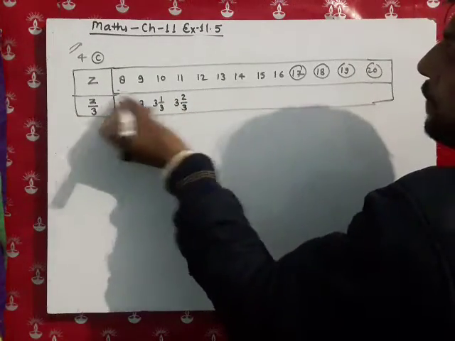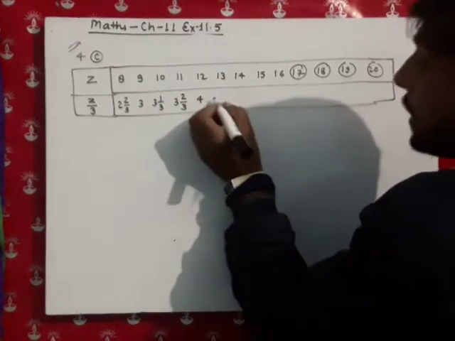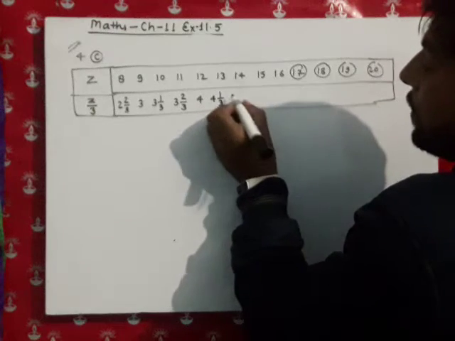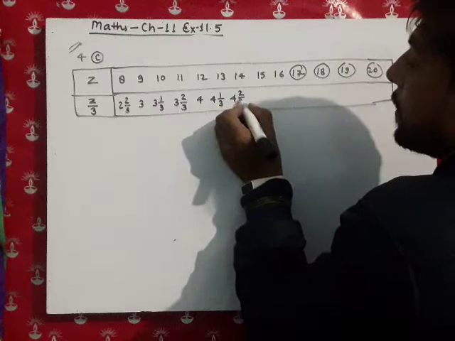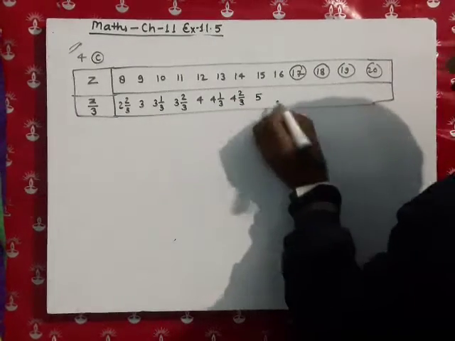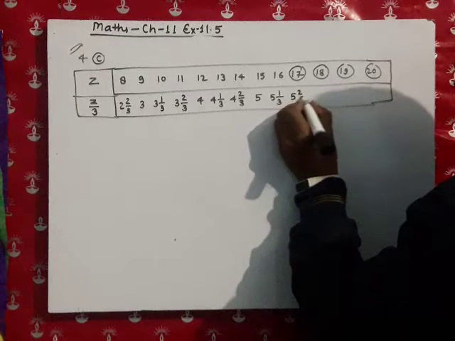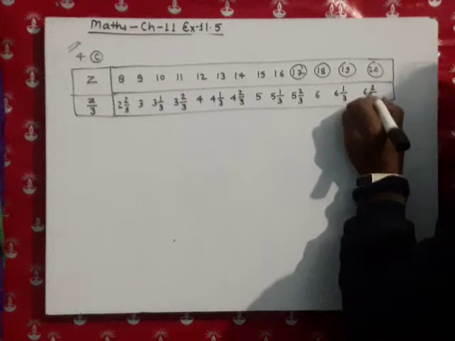Now 3 4s are 12, so 4 whole 1 by 3 and 4 whole 2 by 3, and here becomes 5. Then again 5 whole 1 by 3, 5 whole 2 by 3, then here will be 6. Now 6 whole 1 by 3, 6 whole 2 by 3.